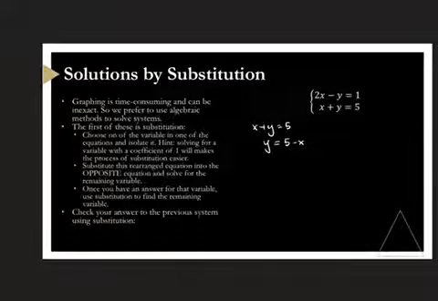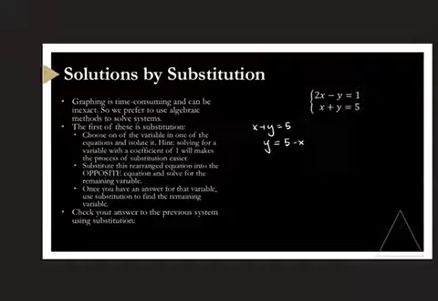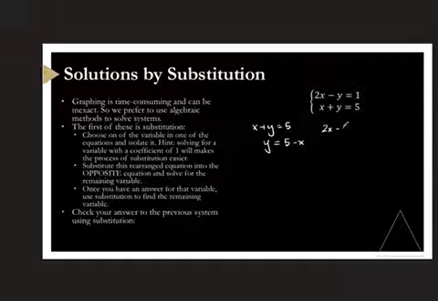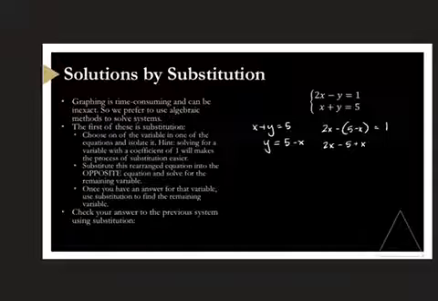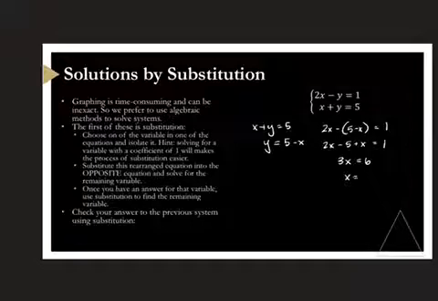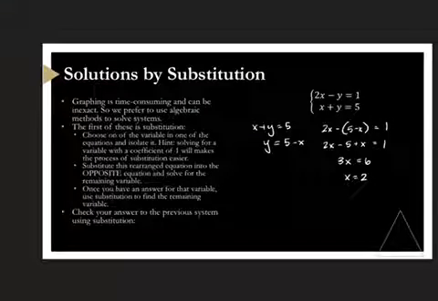So if I put this back into the other equation, y is 5 minus x, so 2x minus (5 minus x) equals 1. So 2x minus 5 plus x equals 1. So 3x, add 5 to each side is 6, which means x is 2.